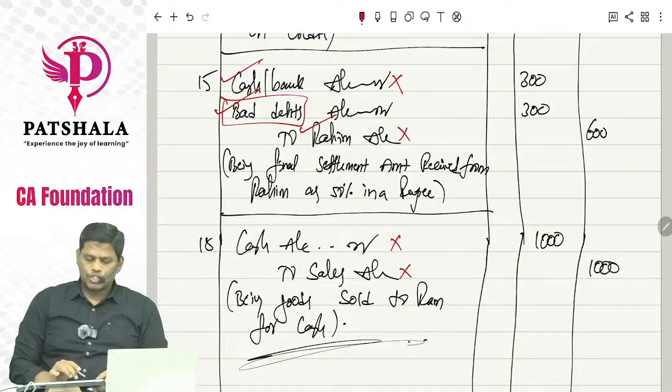Cash should be debited with 300, reference should be given to Rahim. Bad debt should be debited with 300, reference should be given to Rahim. Rahim should be credited with cash 300, bad debts 300. Clear?